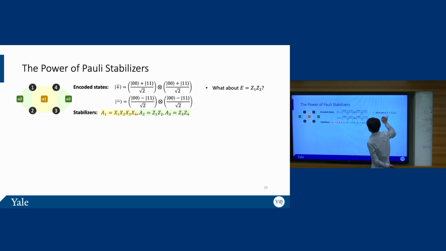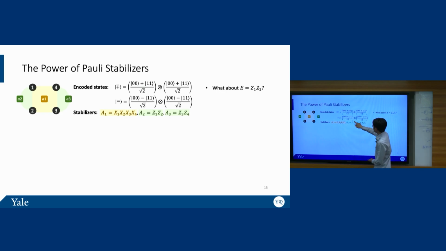If I apply Z1, Z2, it's going to introduce a minus sign if the basis states are 1 in either location. So here are 2 of them. Applying Z twice cancels out the negative sign, so it doesn't change this whole state at all. This doesn't change because I did nothing to qubit 3 and qubit 4. Now let's look at the second code word state.